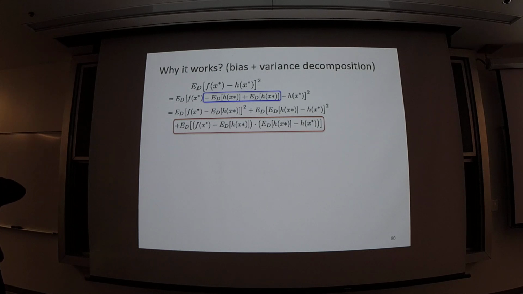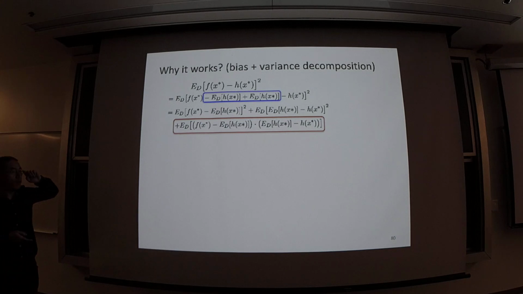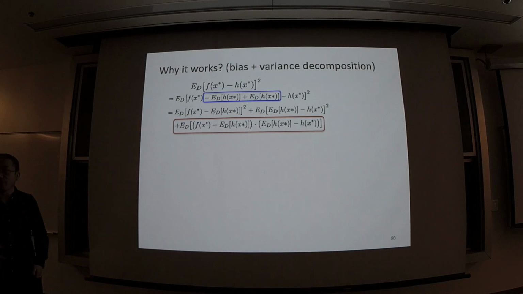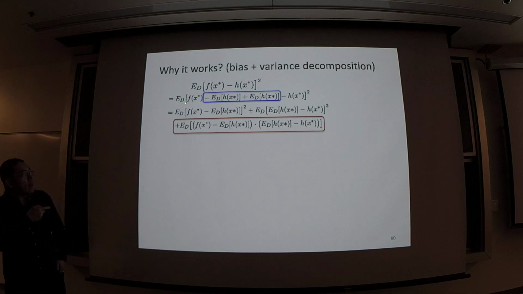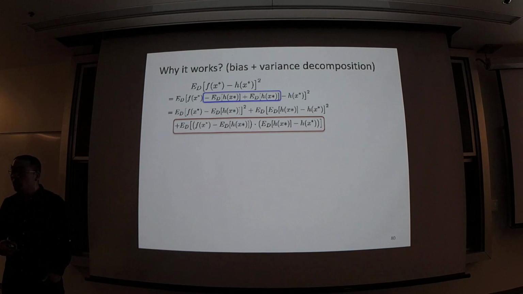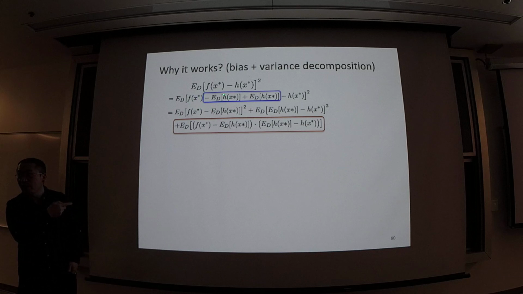This is just a small trick to analyze this square error. So now inside this square, we subtract some expectation and add some expectation. Then based on this, we can expand the square term. How can we do that? We take the square of the first subtraction, we take the square of the second subtraction, and we add the cross term, which is this one multiplied with this one.